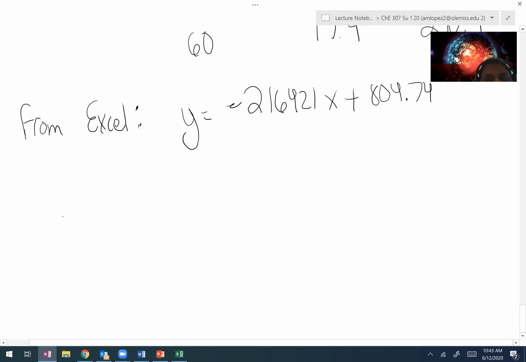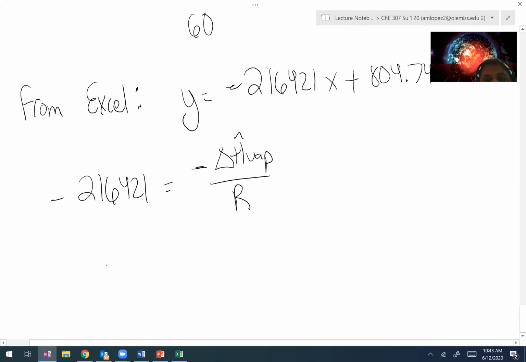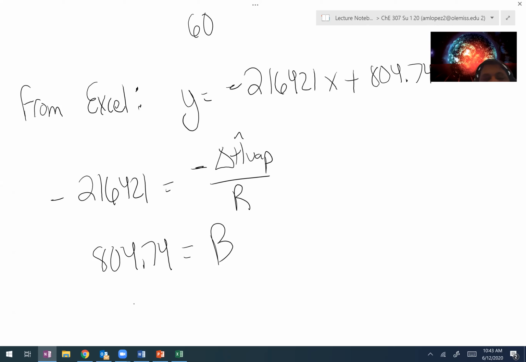Keeping in mind this negative 216421 is equal to negative delta H vap over R, and the 804.74 is equal to B. And so like I said, this was 1 over T, so there's a 1 over Kelvin there.